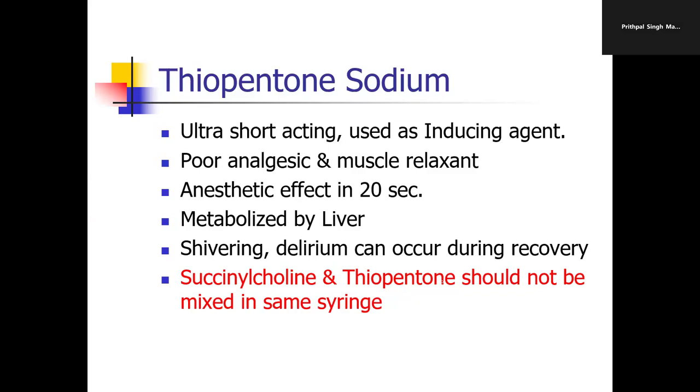Now, when we talk about thiopental, it is a highly lipid soluble drug. It is a non-inflammatory drug, and the effect is significant. It goes to the brain first, and it is metabolized by the liver.